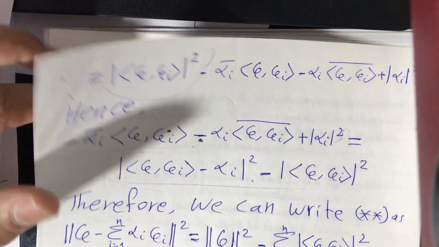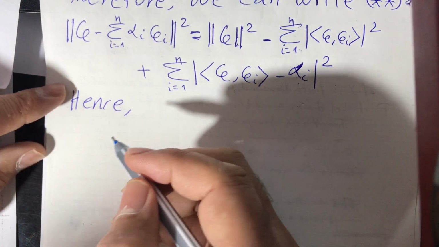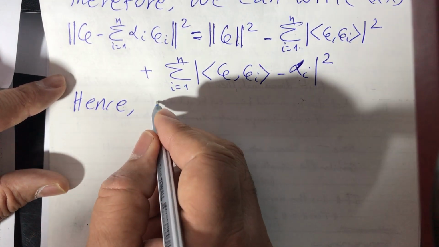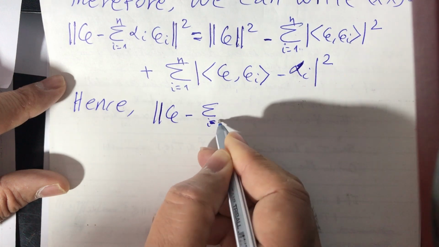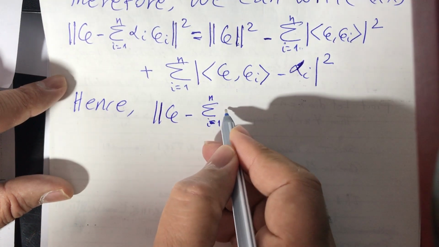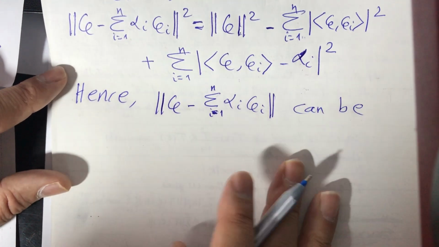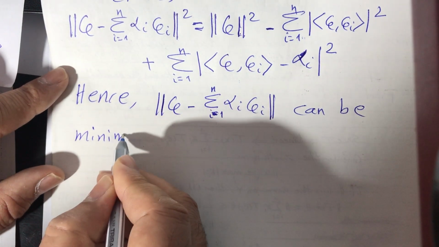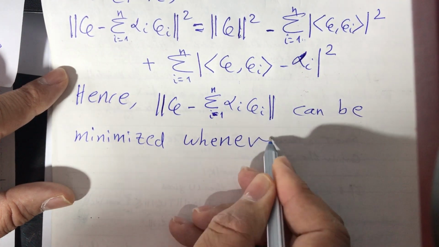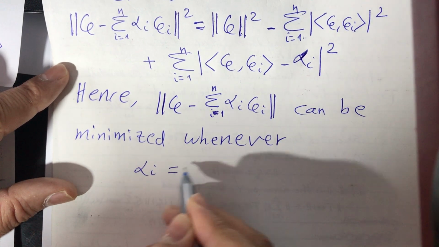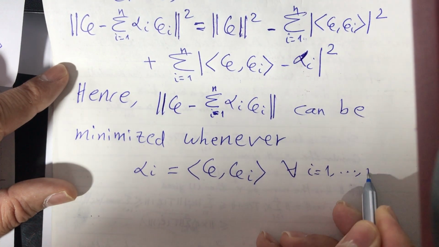Hence, now the norm of phi minus the summation i from 1 to n of alpha i phi i can be minimized whenever alpha i is equal to the inner product of phi and phi i, for all i equal to 1 to n.